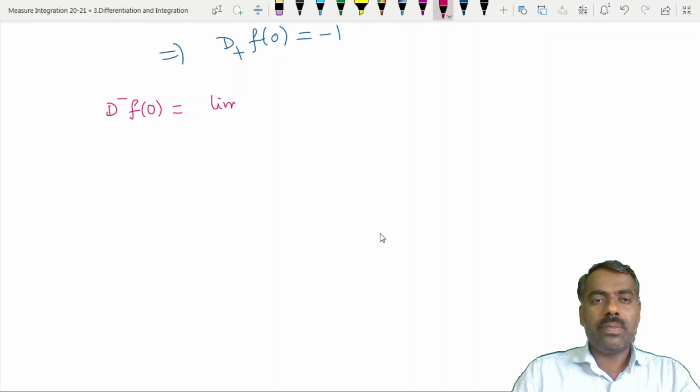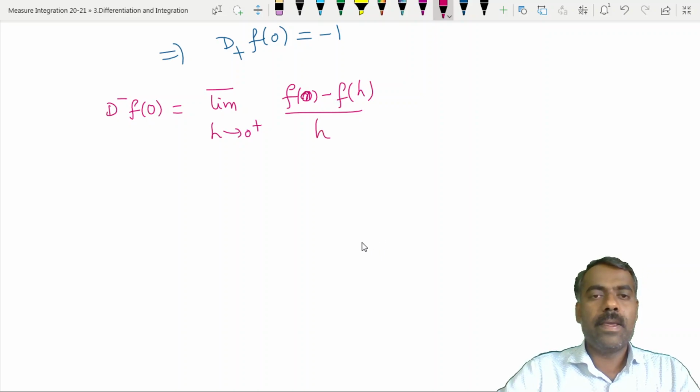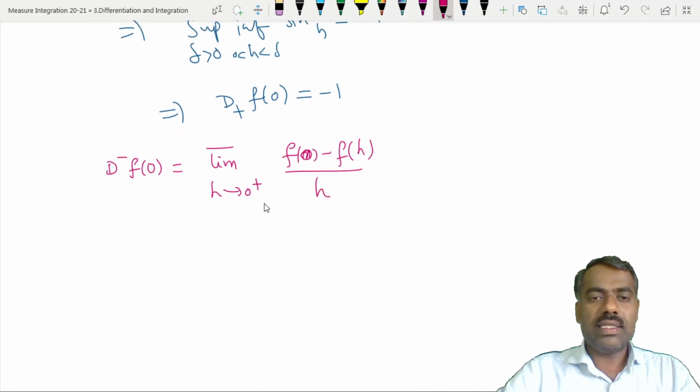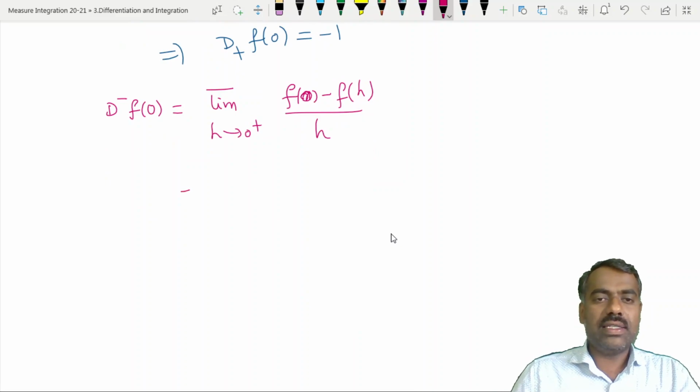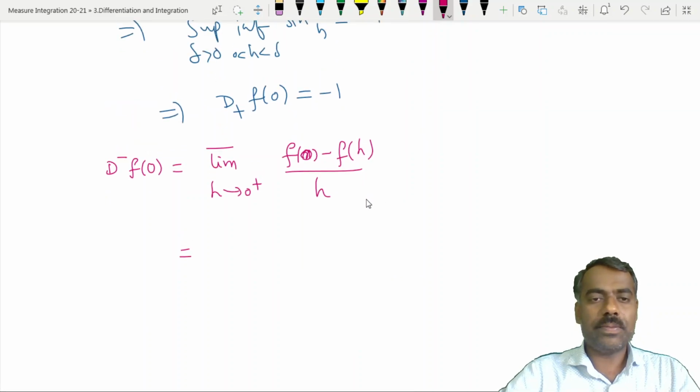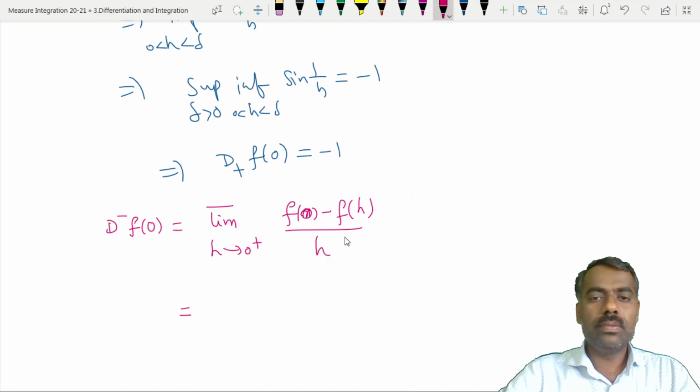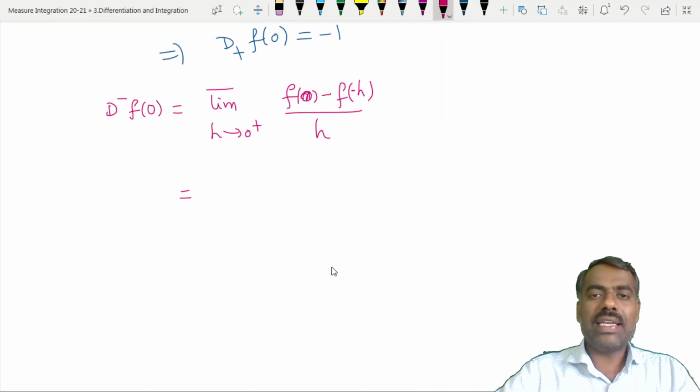This is the upper limit of h tending to 0 plus of f of 0 minus f of h upon h, right? Now if you simplify this, here you will have f of 0 minus h, so it is minus h here.